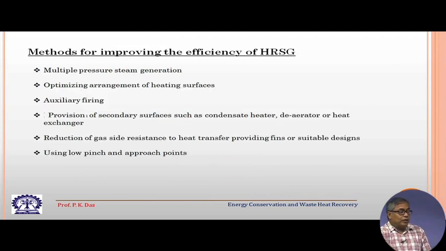And then, when we know all these things, what are the methods for improving the efficiency of HRSG? We have described a single pressure HRSG, which is most common and simple, but does not give the best utilization of your waste heat, particularly when the system is large.